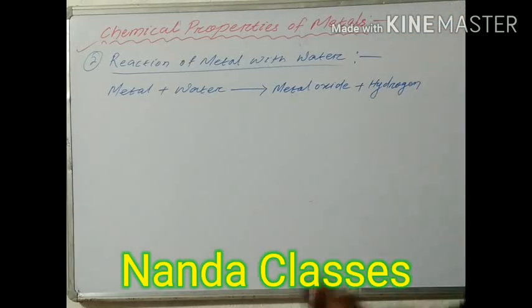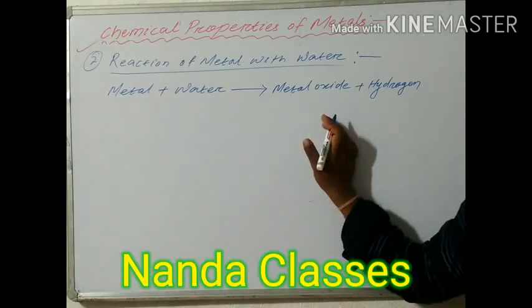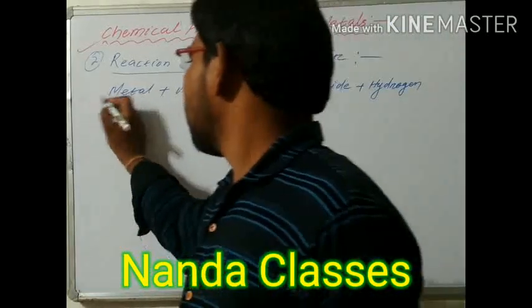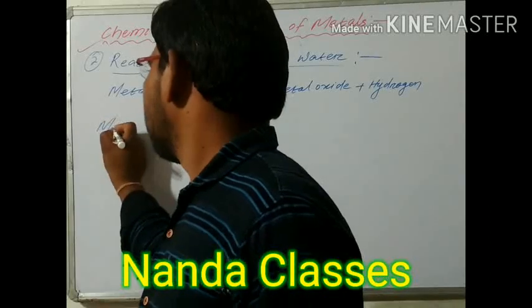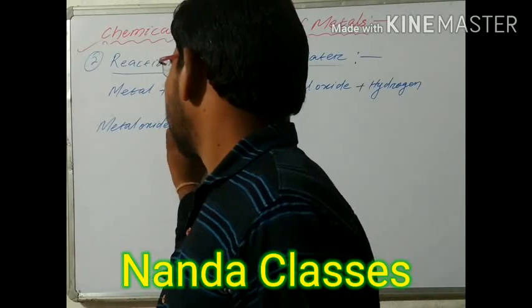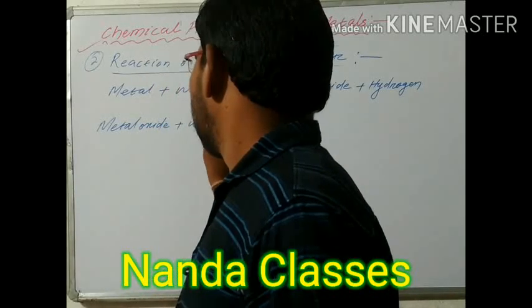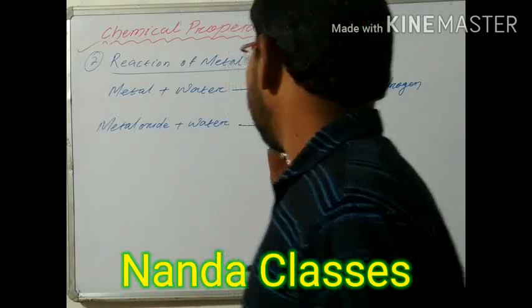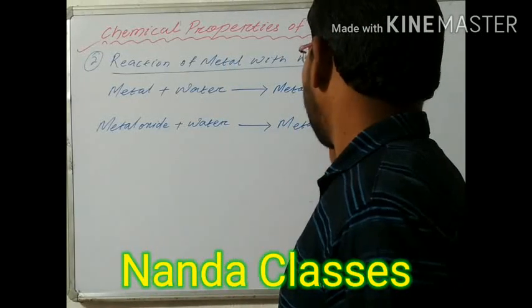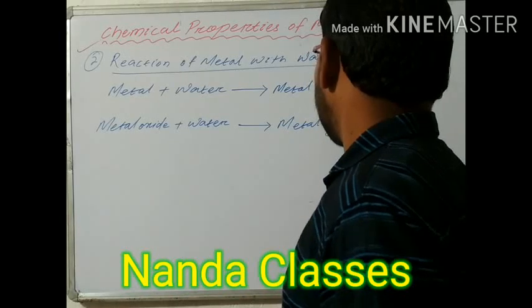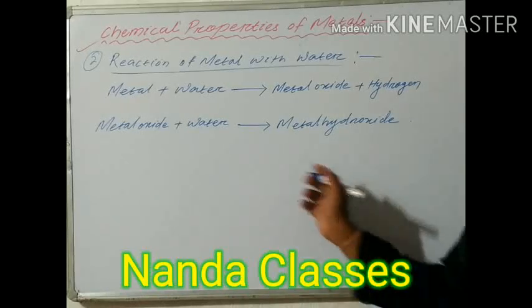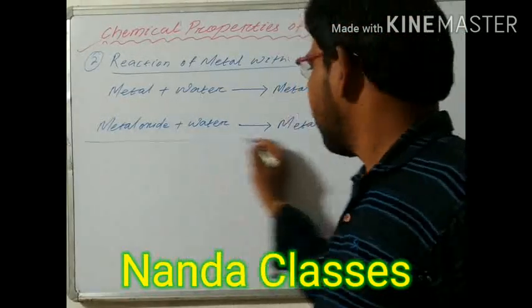Okay, but these metal oxides are soluble in water, that's why this one reacts further. Metal oxide plus water further reacts and forms metal hydroxide. Then these two equations we have to combine, and we get one overall equation.